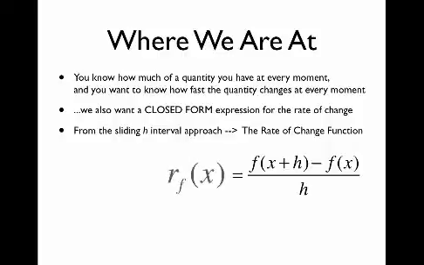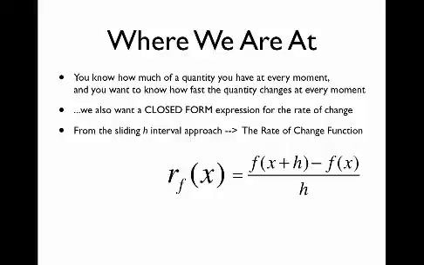Okay, so here's our rate of change function. So we talked about how much of a quantity you have at every moment. You want to know how fast it's changing at every moment. So where in this expression is the aspect of you know how much of a quantity you have at every moment?